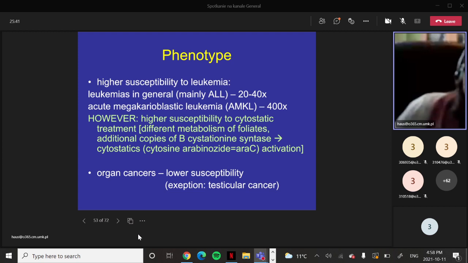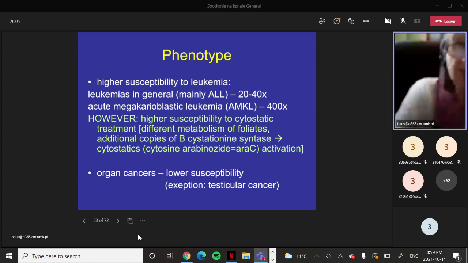So children with Down syndrome are 20 to 40 times more susceptible to this type of leukemia. But they are also susceptible to some types of myeloblastic leukemia.